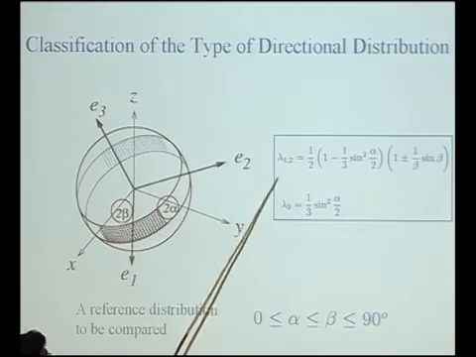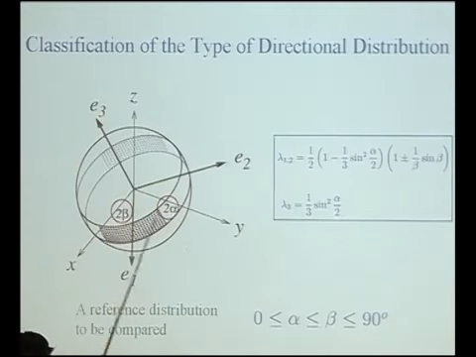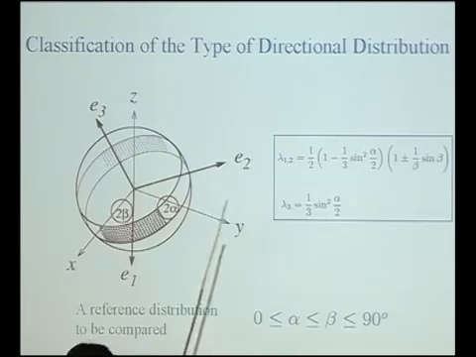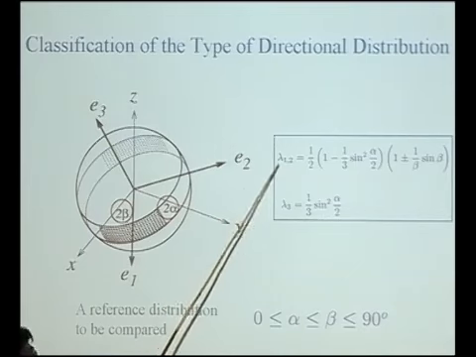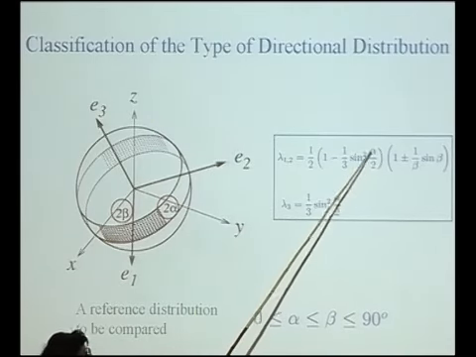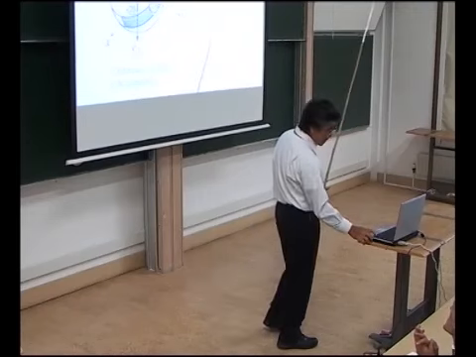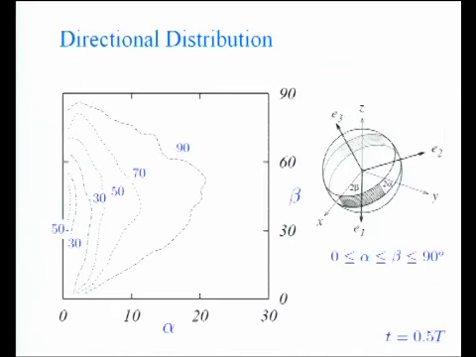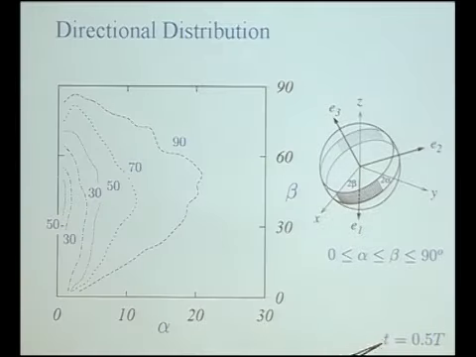And if we distribute vectors uniformly in this region, then we find the eigenvalue of the direction matrix, lambda, is related to this alpha and beta. So we can calculate numerically from numerical data lambda. Then with this relation, we can calculate alpha and beta.